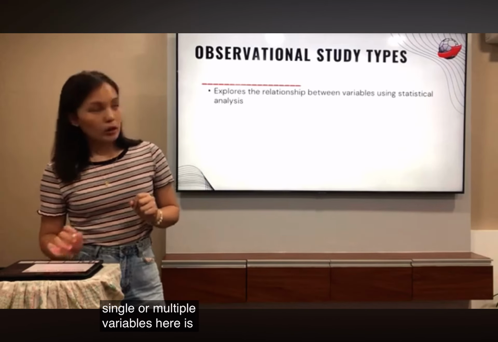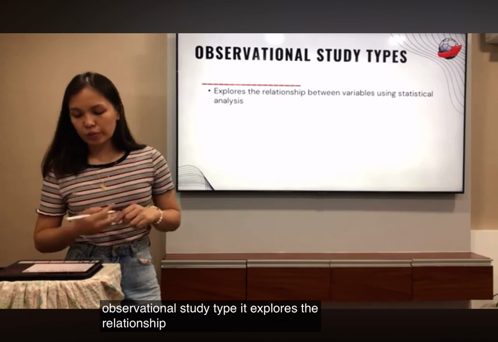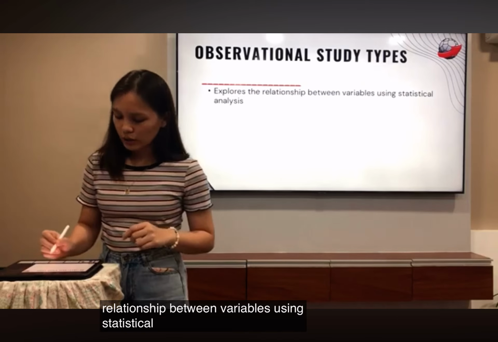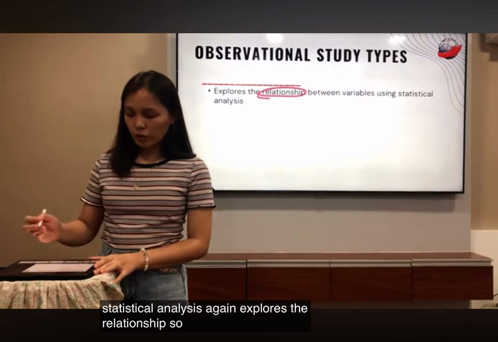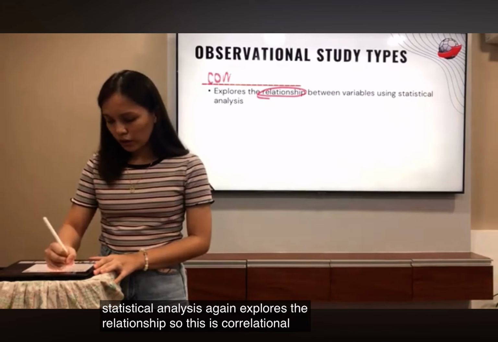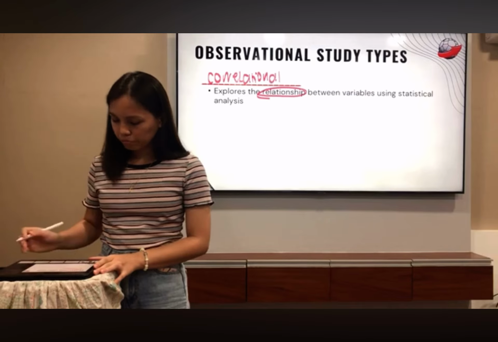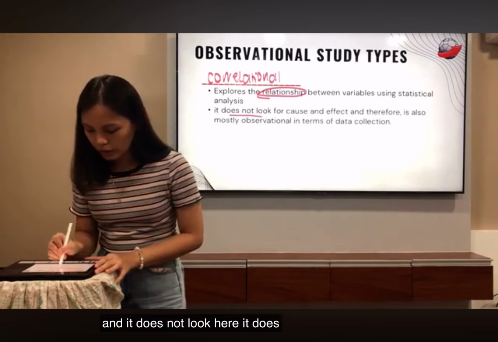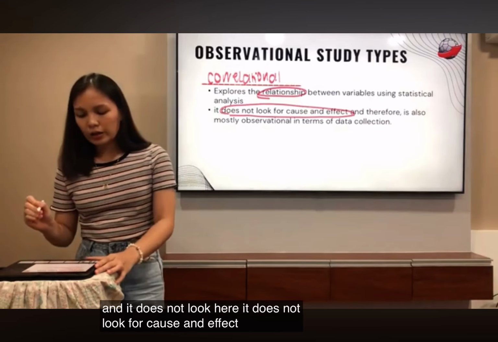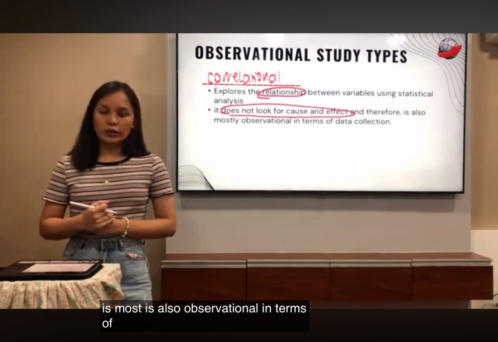Here is another observational study type. It explores the relationship between variables using statistical analysis. Again, it explores the relationship, so this is correlational. It does not look for cause and effect, and therefore is also observational in terms of data collection.